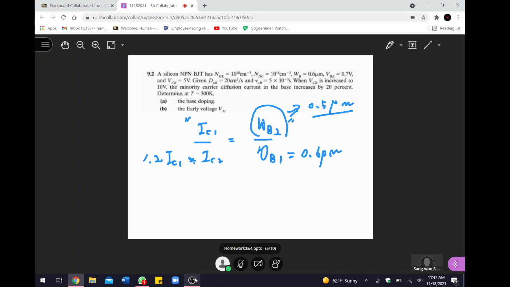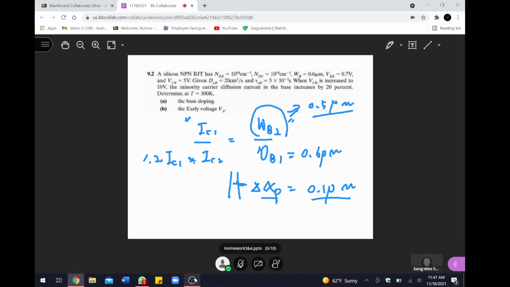That means the depletion region change on the base side, which is still XP in the base side, should be 0.1 micrometer to meet this condition.